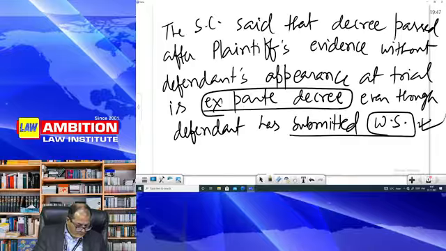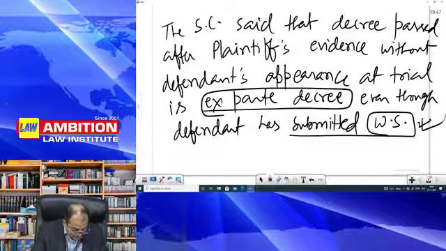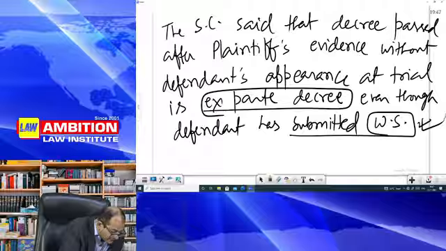What is written? Does Order 9 Rule 5 apply to cases where summons was served as per Order 5 Rule 9A? Summons are summons, yes. I think so.